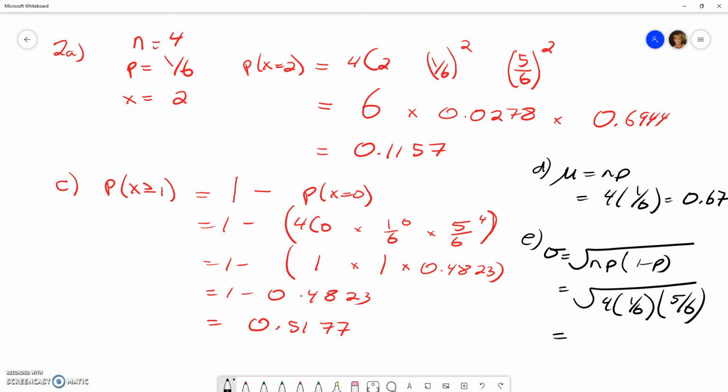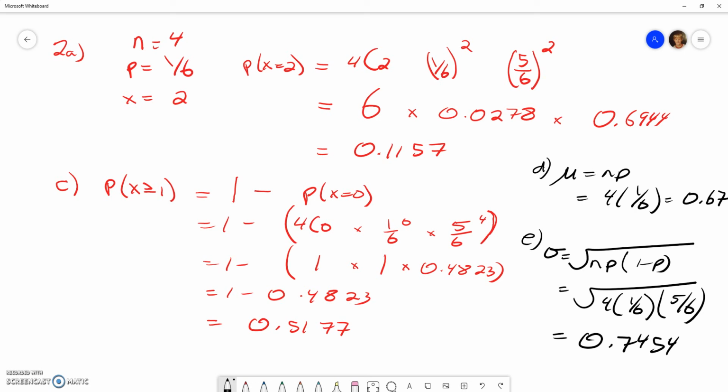And this would equal, after we take the square root, 0.7454. So there may be rounding differences. I used fractions and a little bit of help from Excel, but if you're using 0.16 or 0.167 or whatever for your probability of success, your answers will vary slightly.